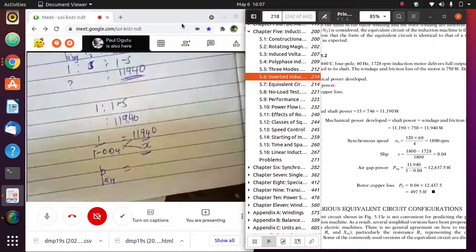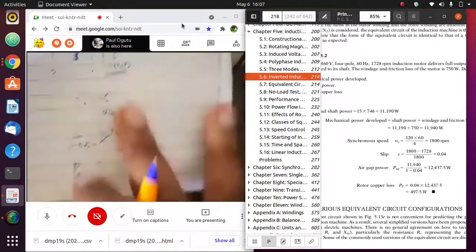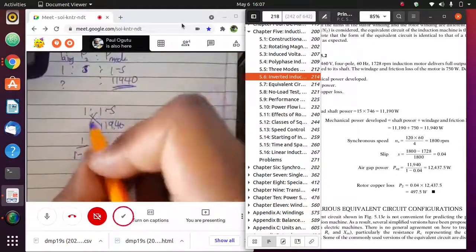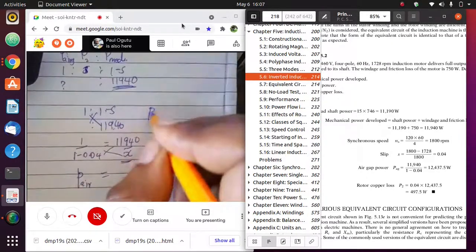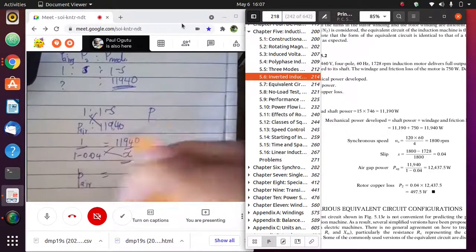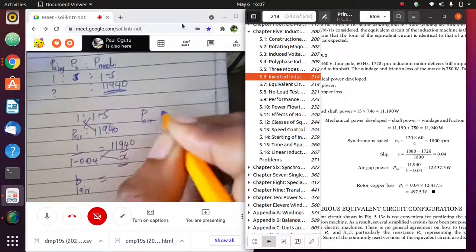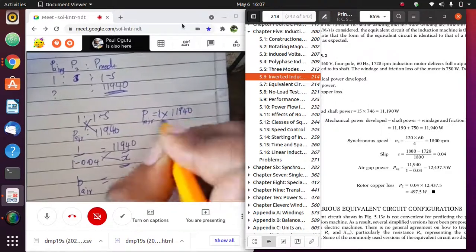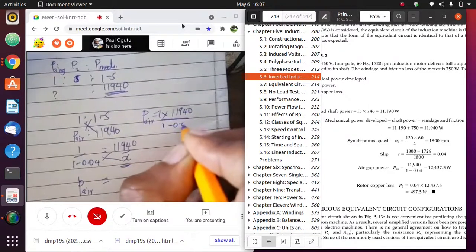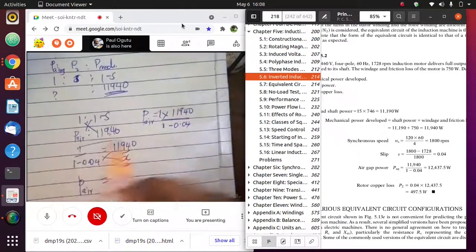this ratio thing is a bit confusing. So yes, that's it. We will get that the P air gap will be 1 times 11,940 divided by 1 minus the slip 0.04, by utilizing these ratios.